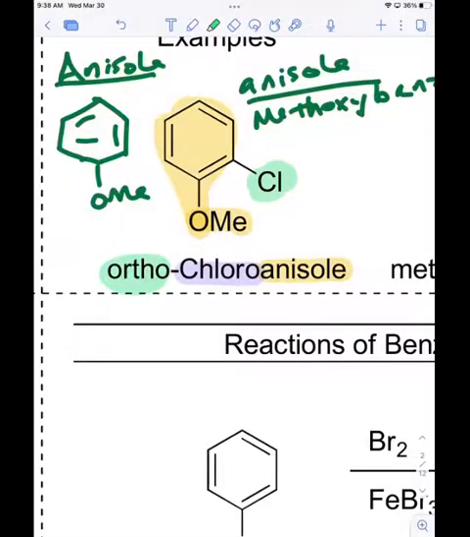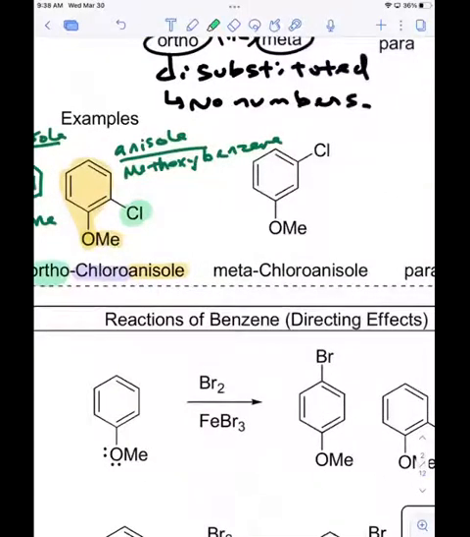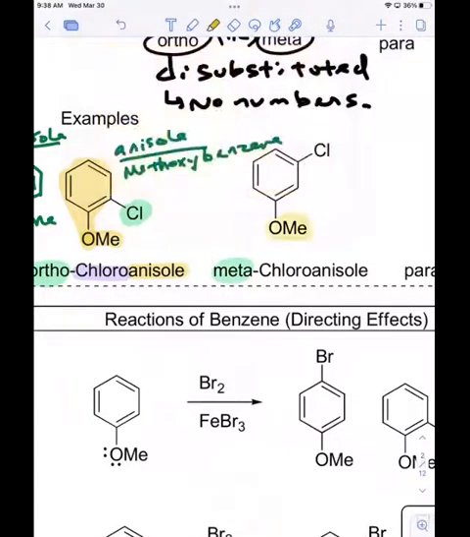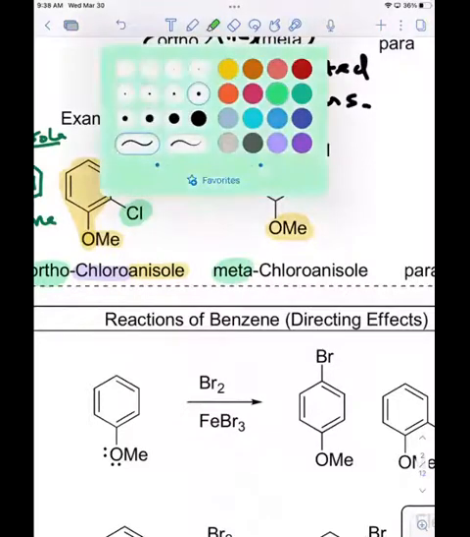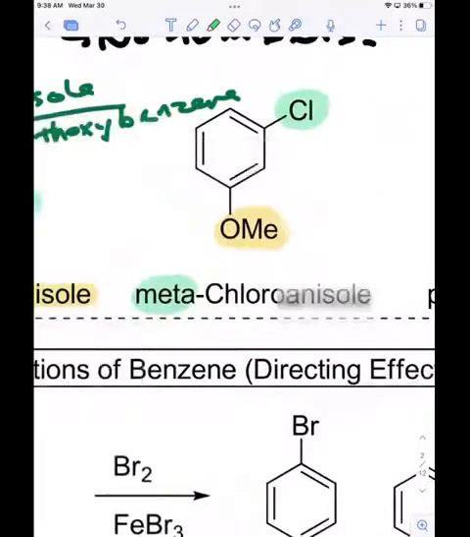All right. If we look at the other, you can see immediately this is meta because your methoxy group is here, and then your chlorine is here, right? And that has a 1-3 arrangement.